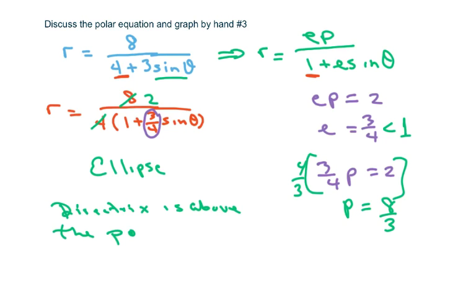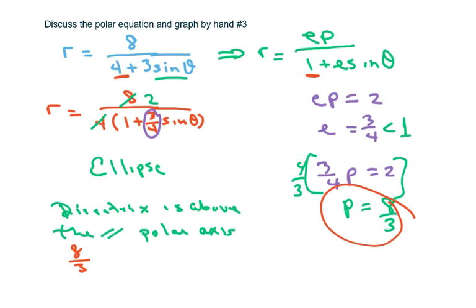It's parallel to the polar axis, and the P part is the distance. So it's 8/3 units above the pole.